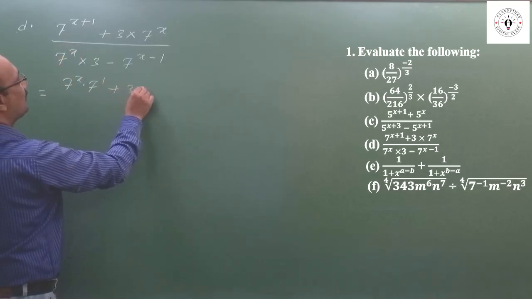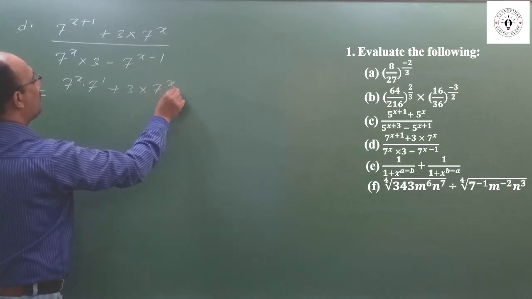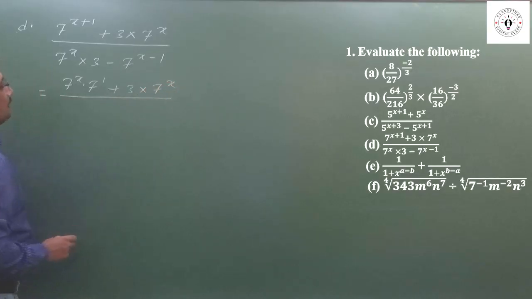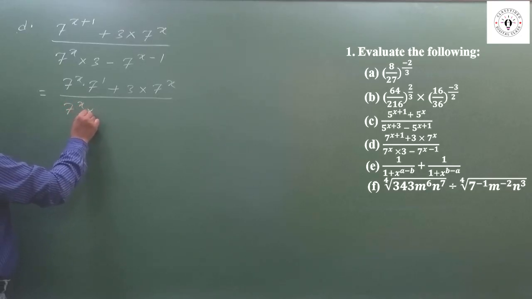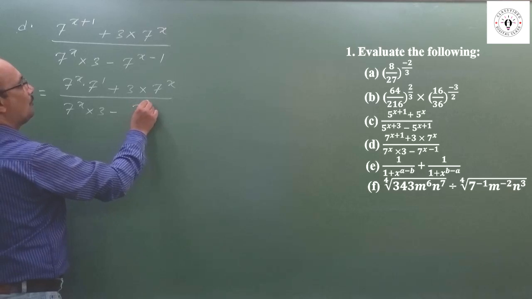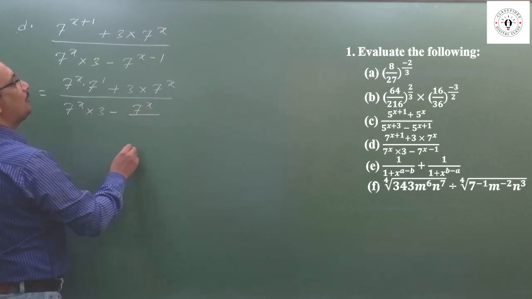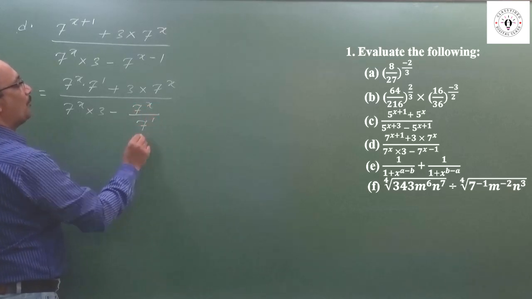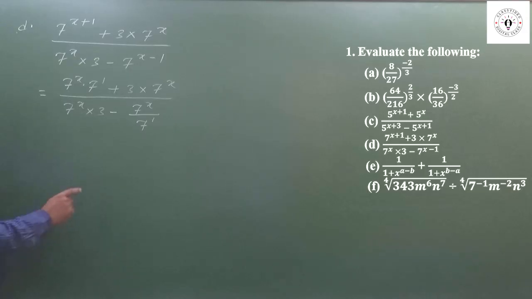Plus 3 times 7 to the power x as above. Similarly, in denominator, 7 to the power x into 3 as it is, and 7 to the power x minus 1 can be written as 7 to the power x upon 7 to the power 1. Why? Because in division, when bases are same, power is subtracted.